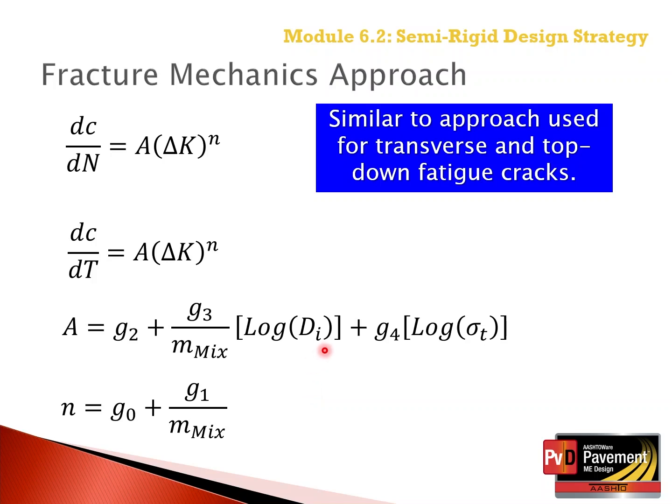We'll define these more clearly in the following sections of this module. But basically, the G values are the coefficients of the power law. The M is a property from the relaxation of the mix, sigma sub T is the tensile strength, and D sub I is simply a damage parameter related to the total thickness of the asphalt layer.